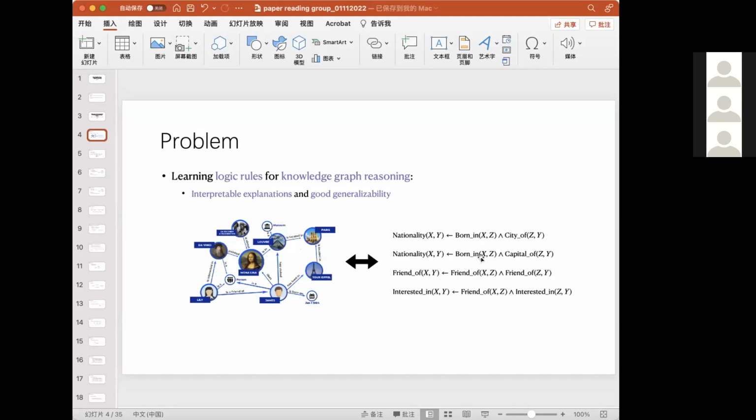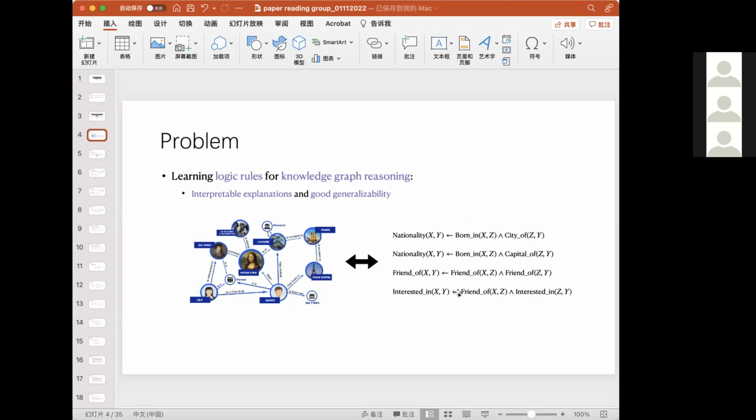Because logical rules are easy for human beings to understand, they show good interpretability. Also, even if we learn logical rules from a training dataset and apply them to another unrelated knowledge graph, the rules can still generalize well to unseen entities.